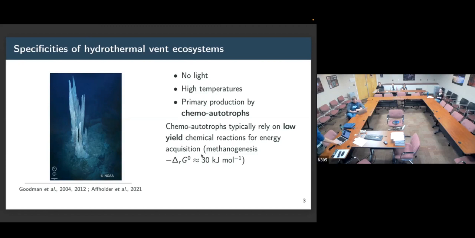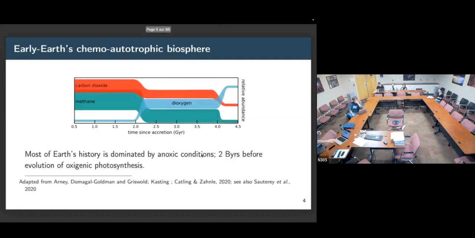to build a model of those organisms that will be suitable for us. And by the way, those chemoautotrophs that use low energy yielding reactions are not only in those hydrothermal vents, they're actually everywhere. They have a large impact on current Earth geochemical processes, and they also dominated Earth's ecosystem for a long, long time before oxygenic photosynthesis was invented by evolution.